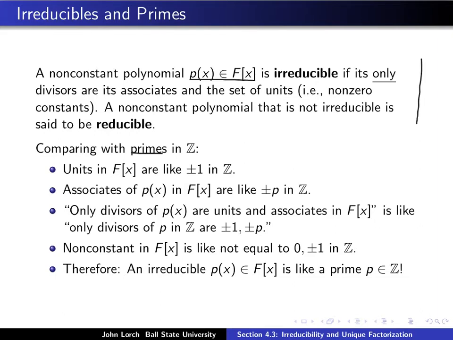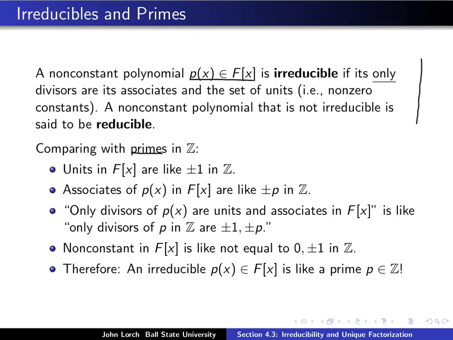So you can think of the units in our polynomial ring, namely just the non-zero constants in the polynomial ring, as being like plus and minus 1 in the integers. If you look at the integers, the only units in the integers are plus and minus 1, whereas the units in our polynomial ring are our non-zero constants.